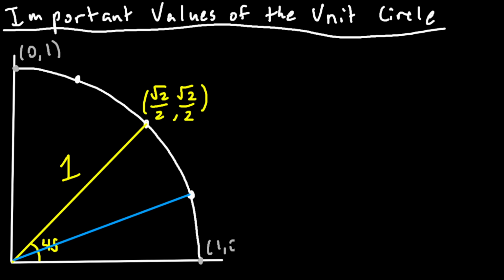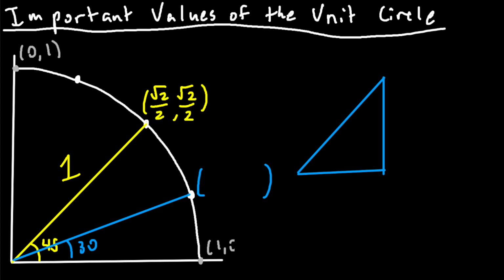Now I'm going to draw a 30-degree angle, and I want to know what the coordinate values for that point are. Similarly to the whole operation that we did over here, we can figure it out. Well, we just draw a right triangle.